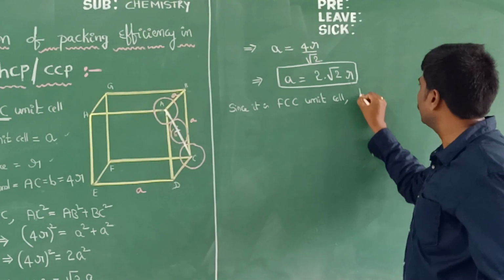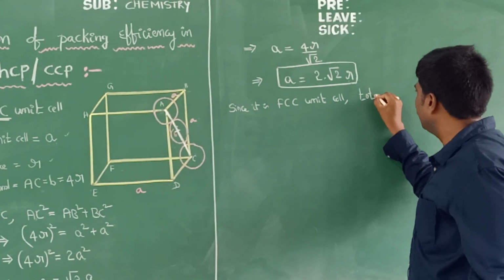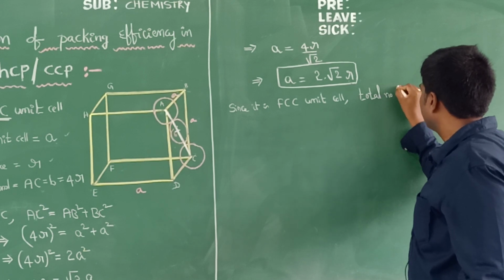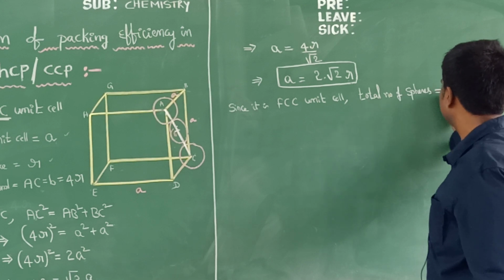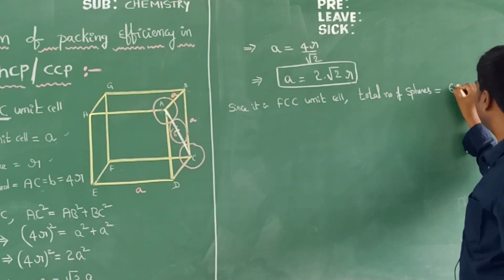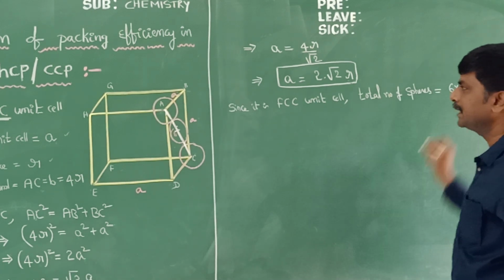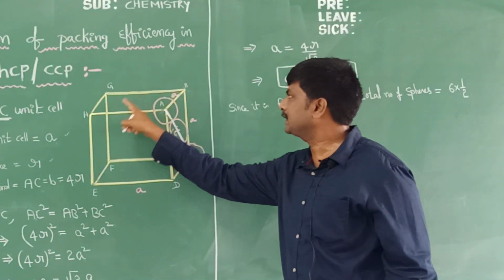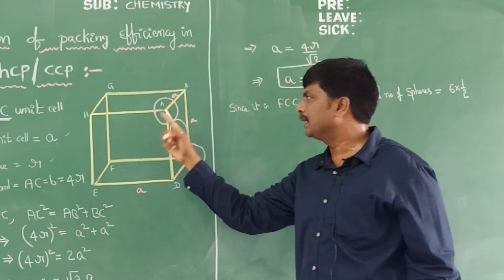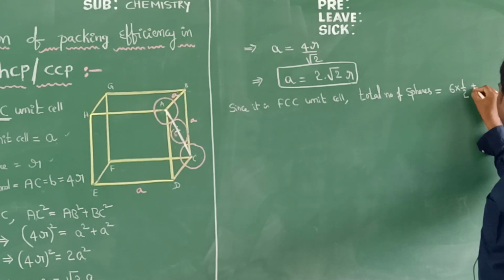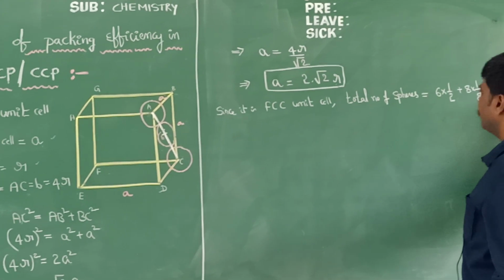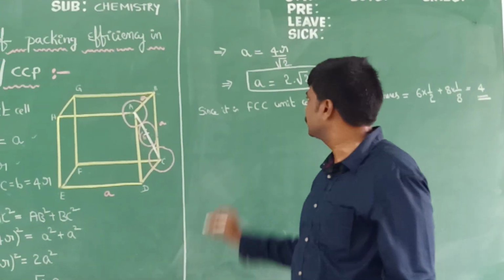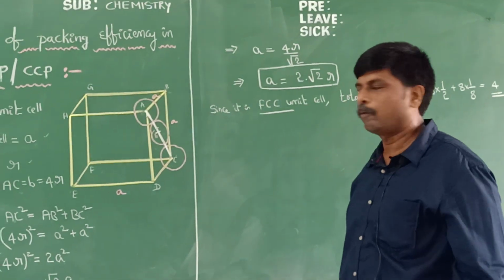So the total number of spheres is equal to 6 into 1 by 2, that means 6 spheres at the face centers, plus 8 into 1 by 8. That means 4. So the total number of spheres in an FCC unit cell is 4.